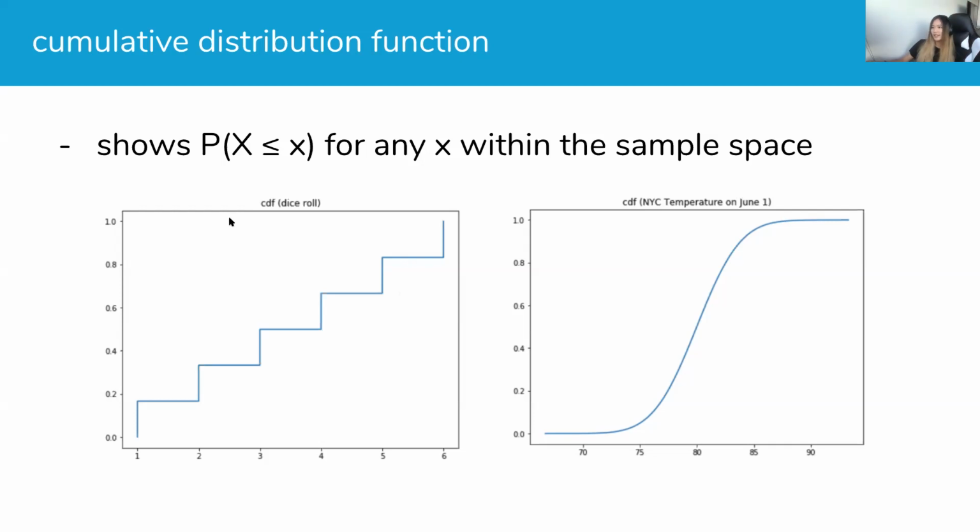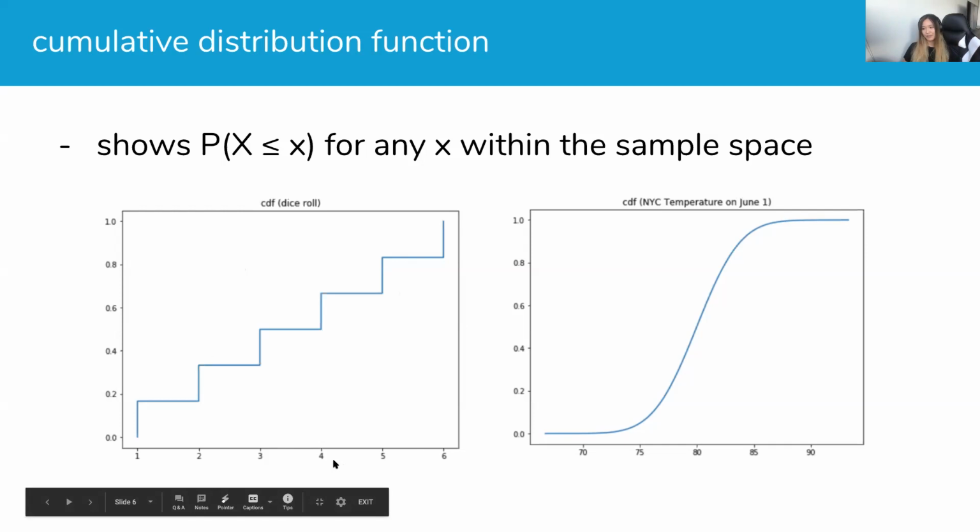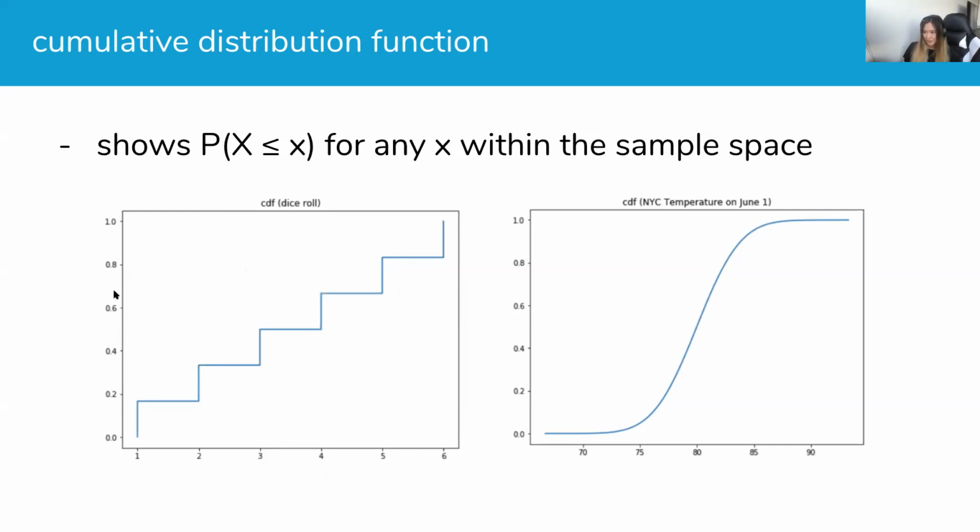So let's say I just wanted to find the probability of getting 4 or less on a dice roll. You just look at the CDF and trace it back to, what is this, about 0.7, close to 0.7. That makes sense?